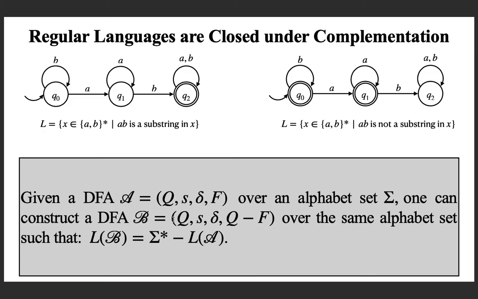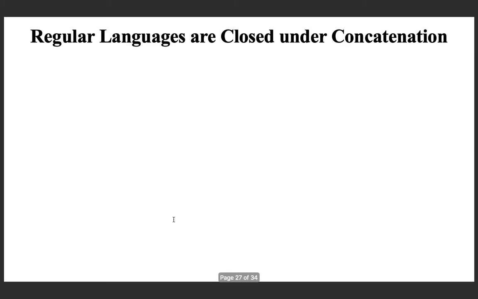And with this, let us move on to the third property, which is concatenation. So we are going to prove that given two regular languages, L1 and L2, the concatenation of them, that is L1 concatenated with L2, is again a regular language.